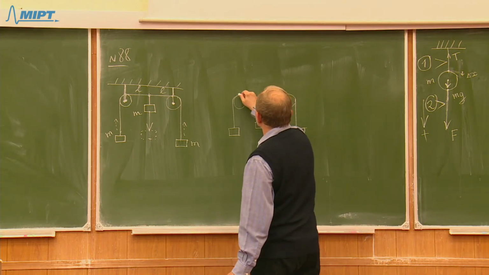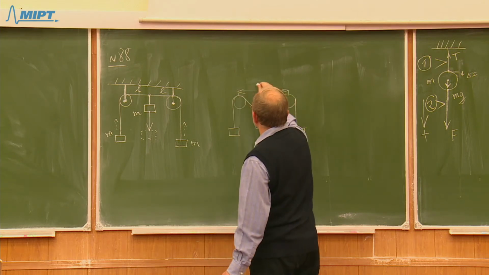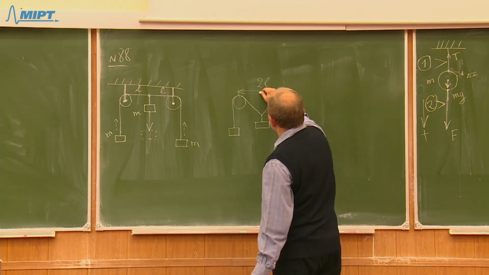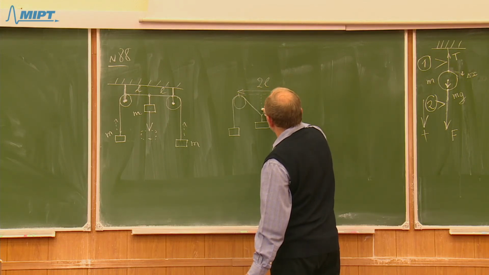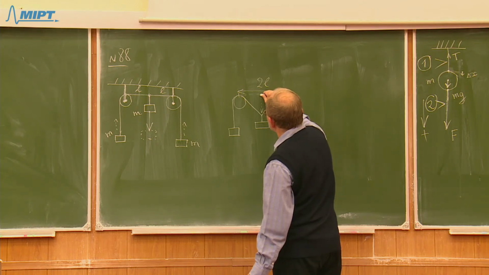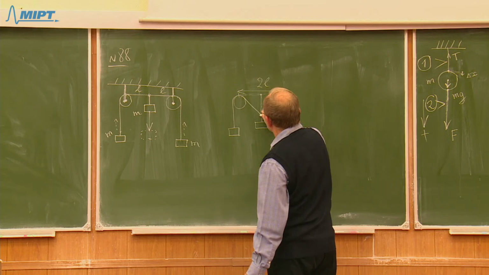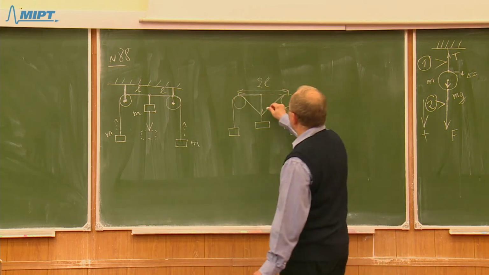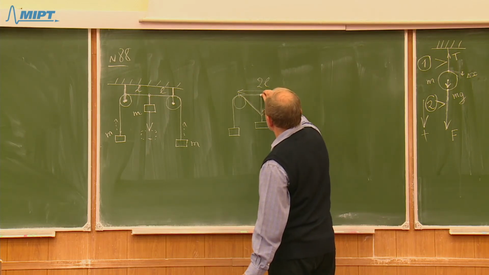If the distance between the centers of the two pulleys is 2L, then in order to find the displacement of the body, we have to find this leg in one of the right triangles shown here.